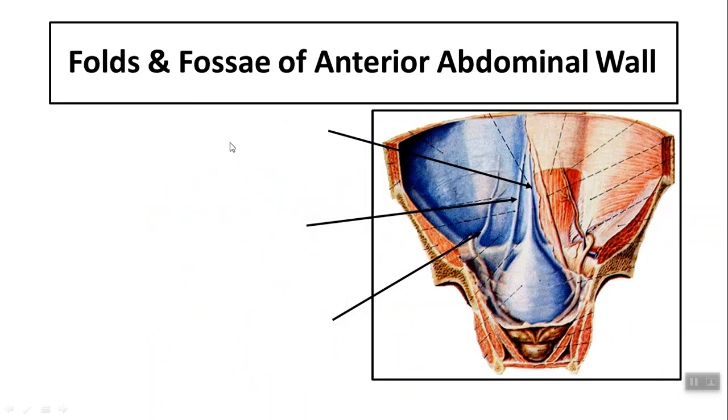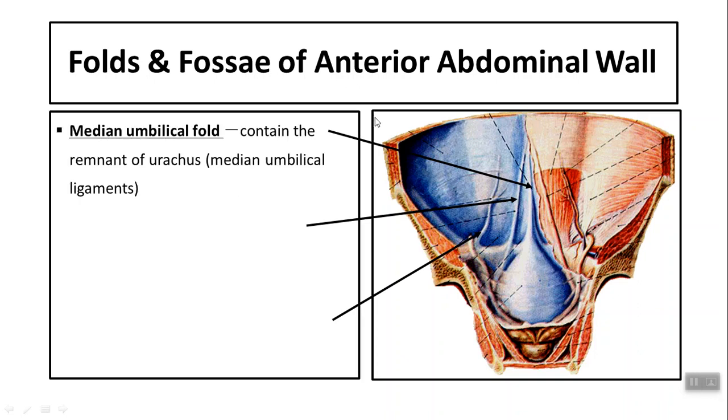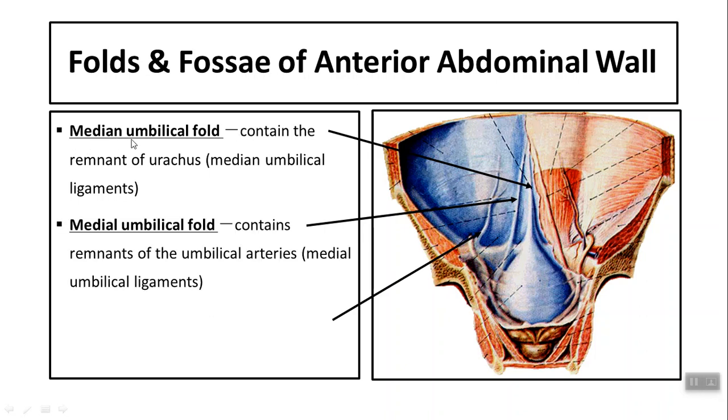What are the folds and fossae of the anterior abdominal wall that are formed by the reflection of peritoneum over certain structures? First, at the midline, we have the median umbilical fold, which contains the remnant of the urachus. The median umbilical ligament is formed by the median umbilical fold.